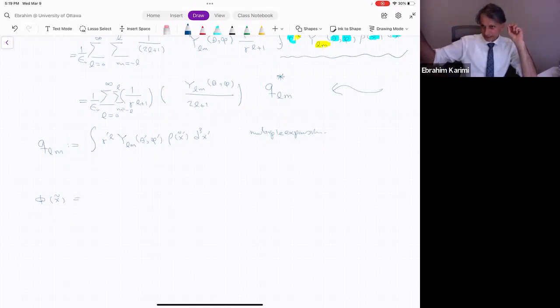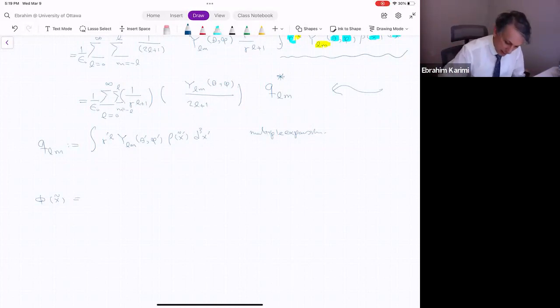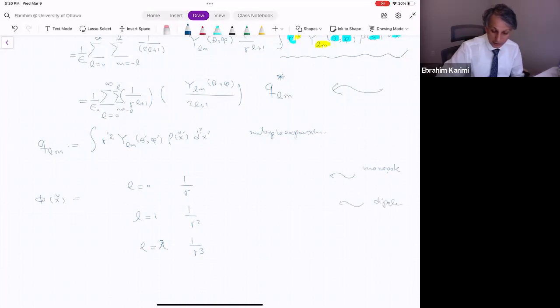Is that clear? So for L equal to 0, that will be 1 divided by R. For L equal to 1, that will be 1 divided by R power of 2. For L equal to 2, that will be 1 divided by R power of 3. So that is what we call monopole contribution, dipole contribution, quadrupole contribution, etc. Exactly like Cartesian coordinates.